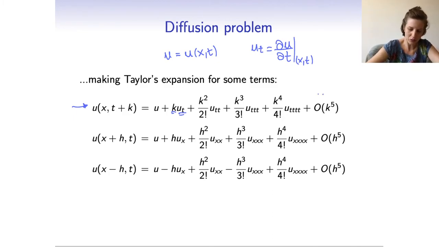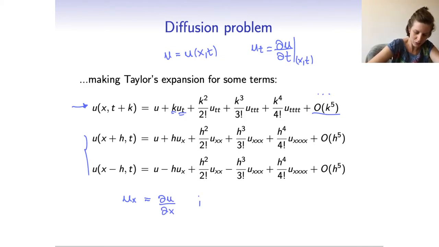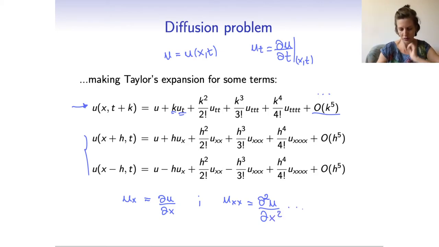So here we are going to have terms of the order of k to the fifth. This was the expansion on space, and again this notation u_x is del u del x, and also this is del square u del x square, and so on.